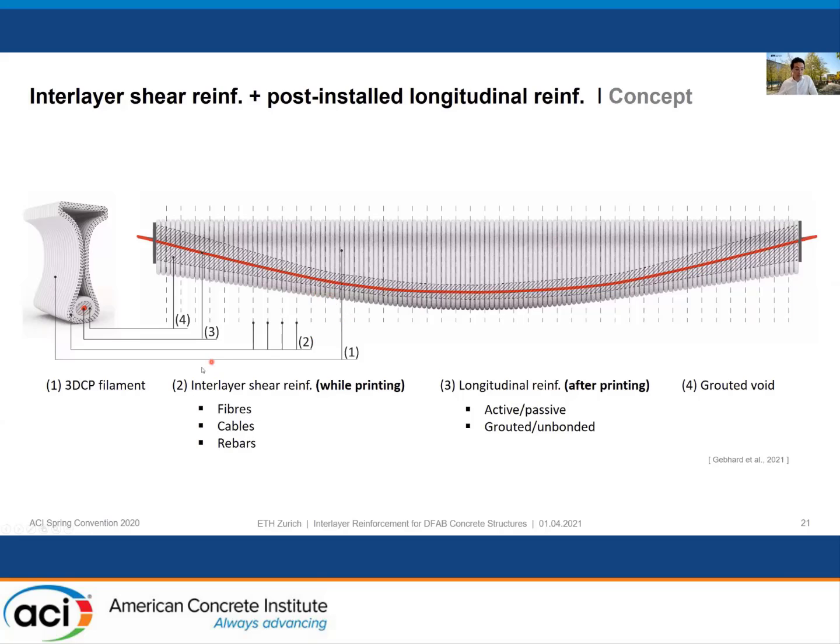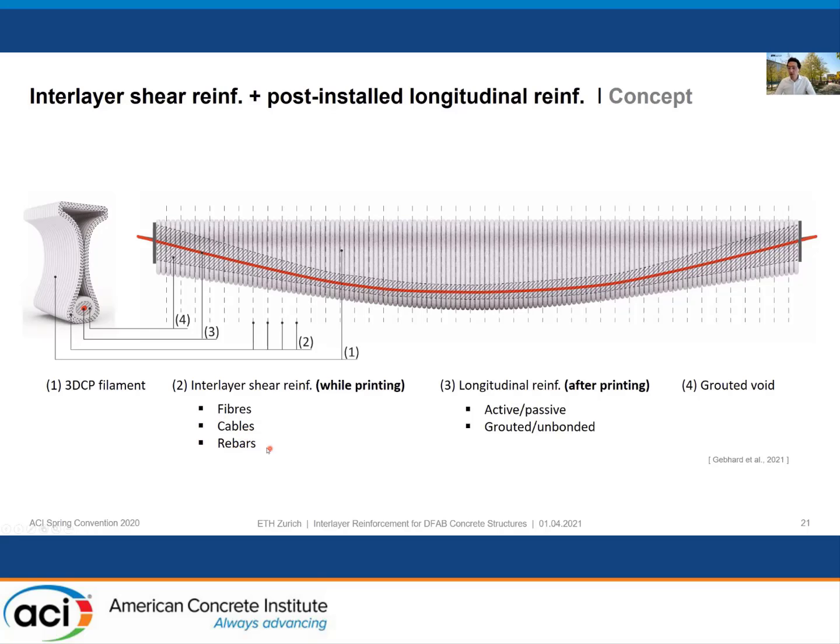So here the idea is, we are printing this beam in vertical. We are printing layers, and in every layer or every other layer, we place an interlayer reinforcement, which is used for shear. This can be fibers, or cables, which was implemented quite a time ago at TU Eindhoven.